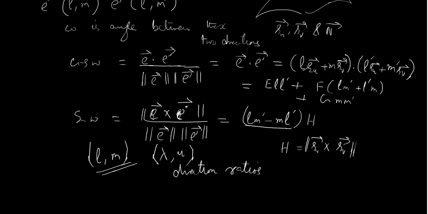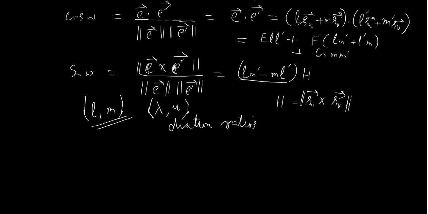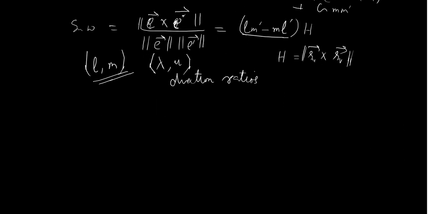So if you divide lambda mu by the magnitude of the vectors, we will get direction coefficients, the same as in your earlier classes. So there's my direction coefficients. Of course, they are proportional.